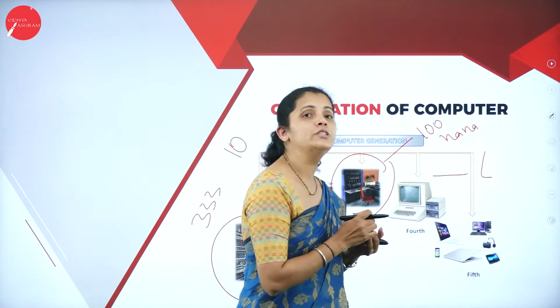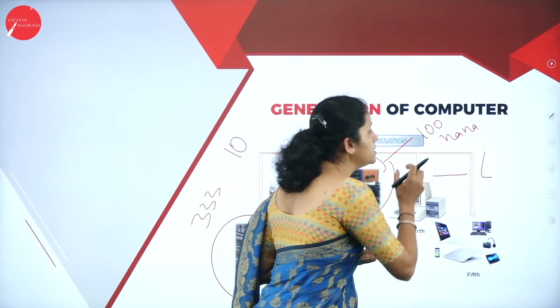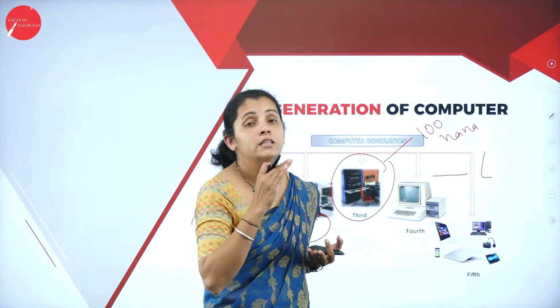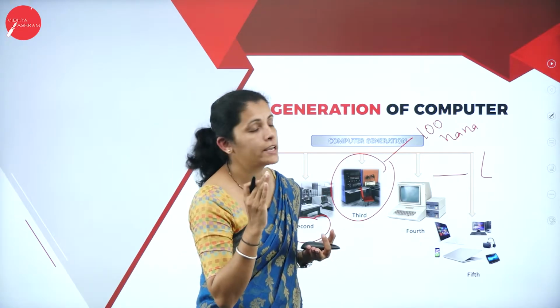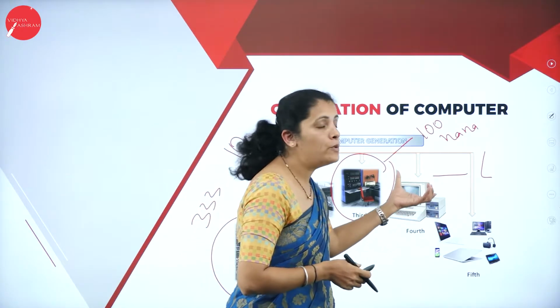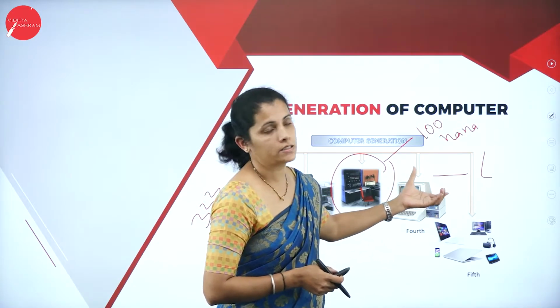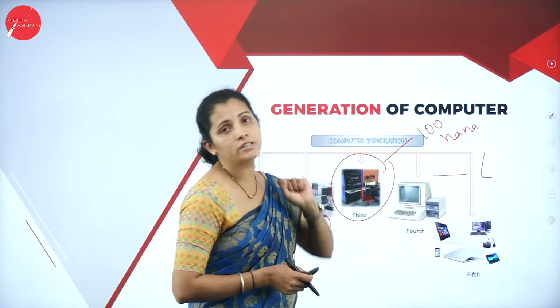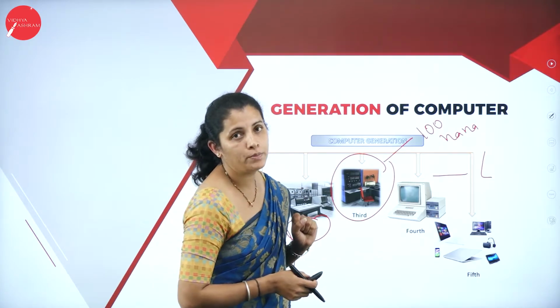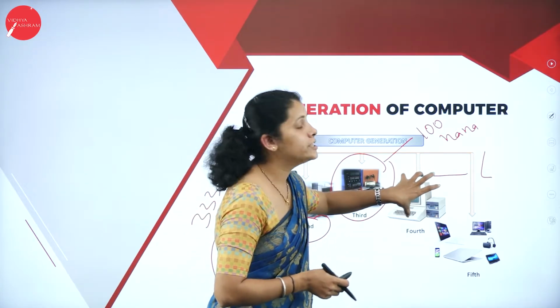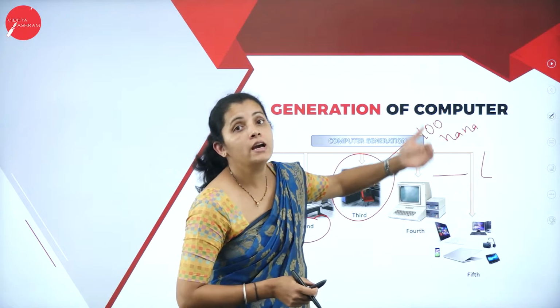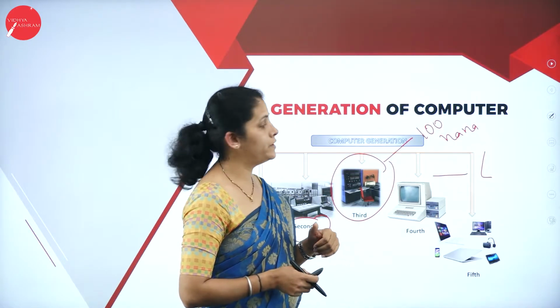The execution speed of these generation computer systems is 300 nanoseconds, and the memories are made using semiconductors. These are some of the features of fourth generation computer, and at this generation, we are going to have the high level programming language.